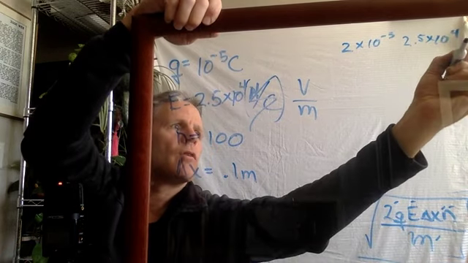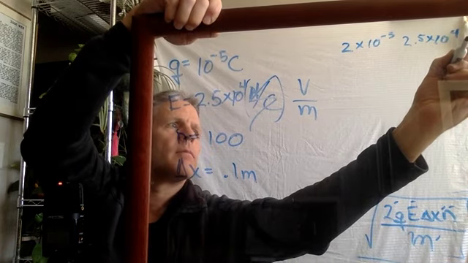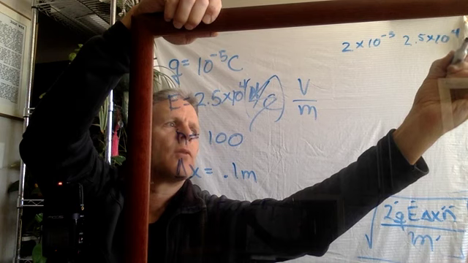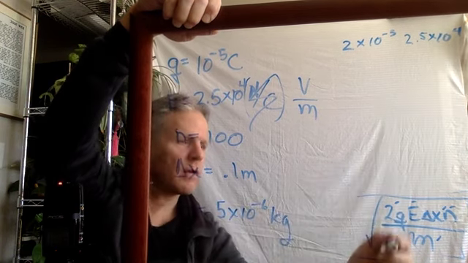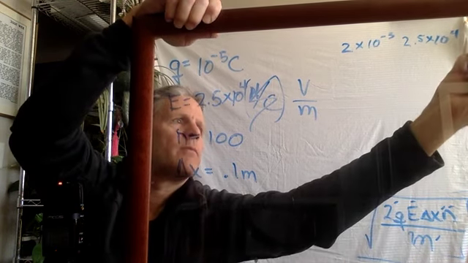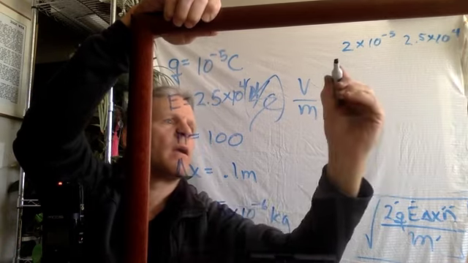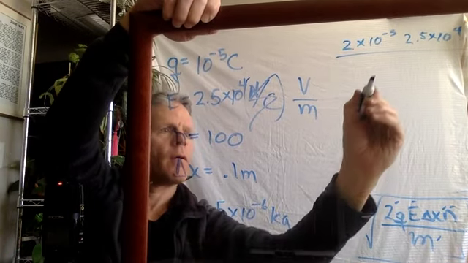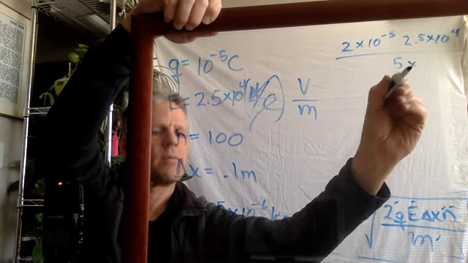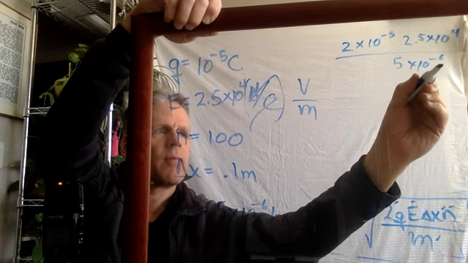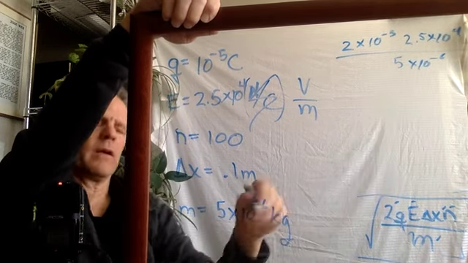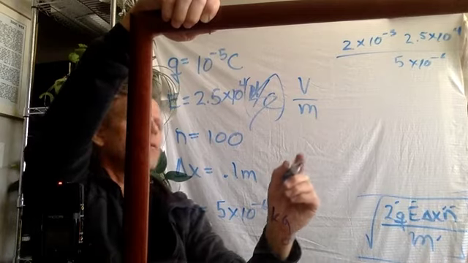Delta X is just, I'll just write it as 0.1. That's fine. And N is 100. Okay, and this is over 5 times 10 to the minus 6. I'm going to ignore the square root for now. Just remember to do that at the end.